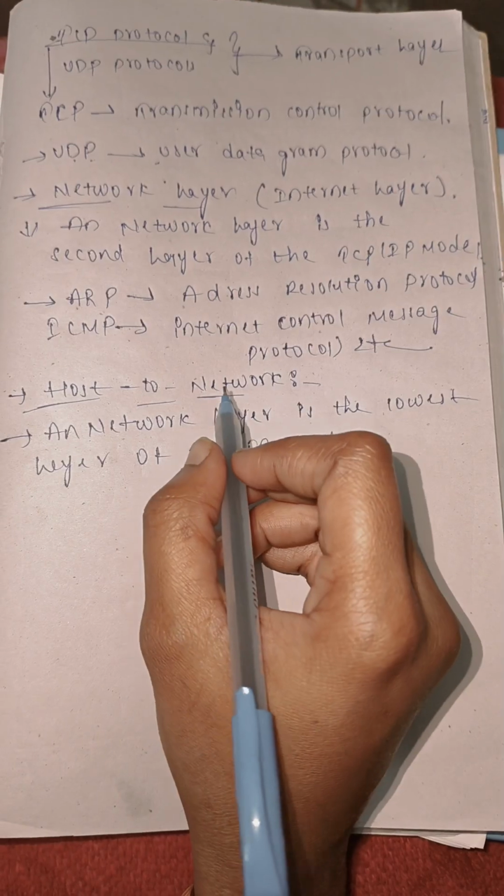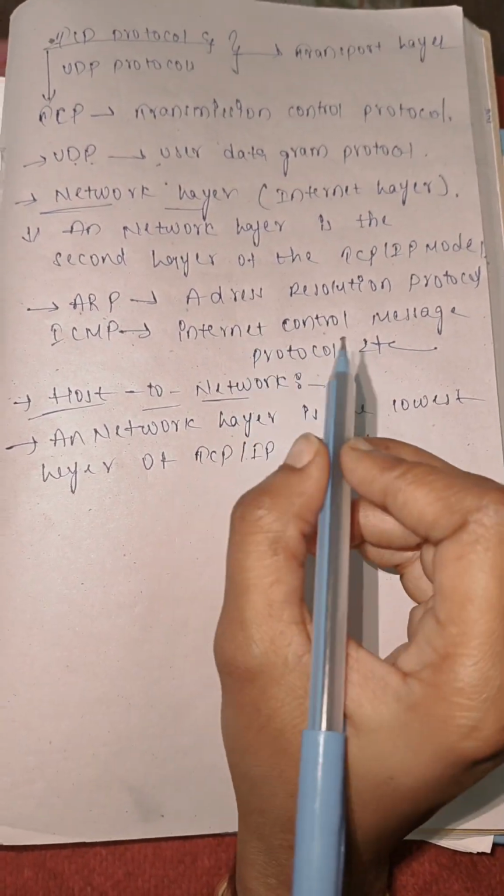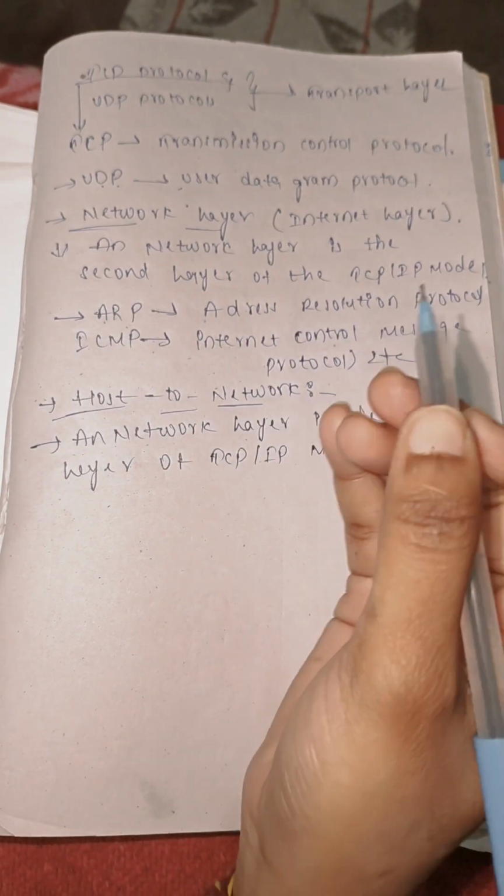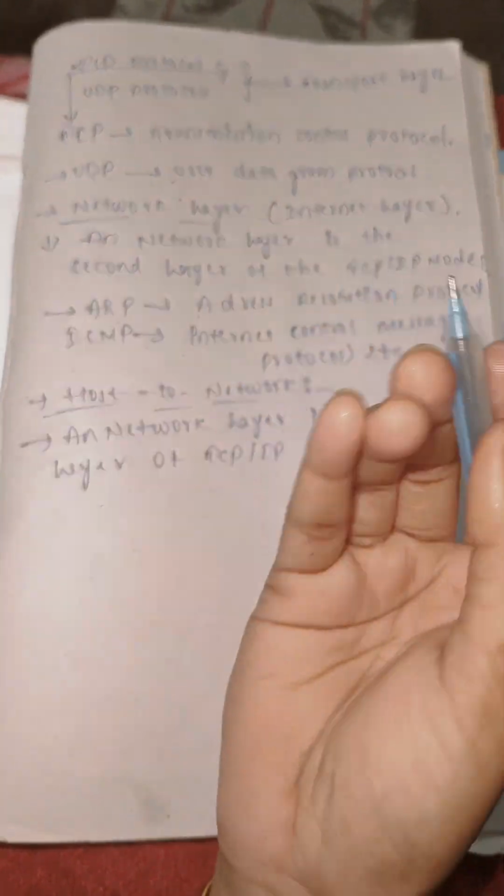And network layer is the combination of a physical layer, which is defined in the OSI reference model, and data link layer.